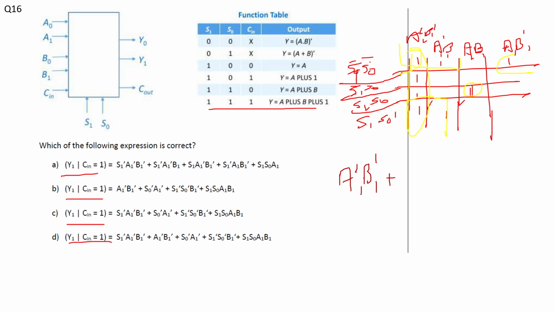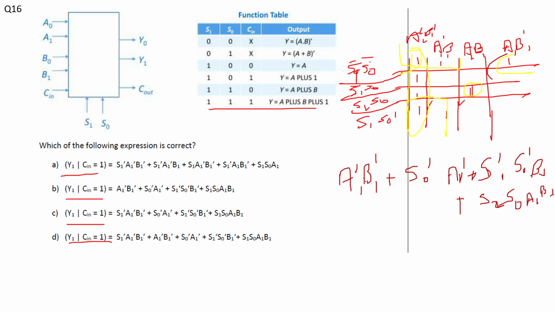I should write a1 b1, and then they have this quad, so it will be s0 complement a1 complement. Then I have this pair, for that it will be s1 complement s0 complement b1, and I have this minterm, for it will be s1 s0 a1 b1.